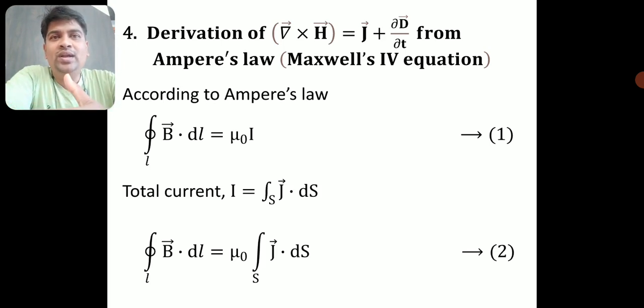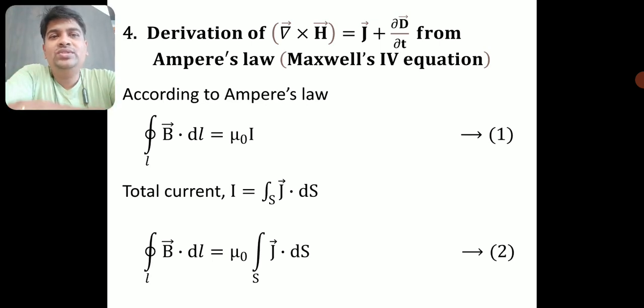Now you know all about Ampere's law; I discussed it in the previous video. Ampere's law says that the line integral of magnetic induction over a closed path is equal to mu naught times the net current enclosed in that closed path.